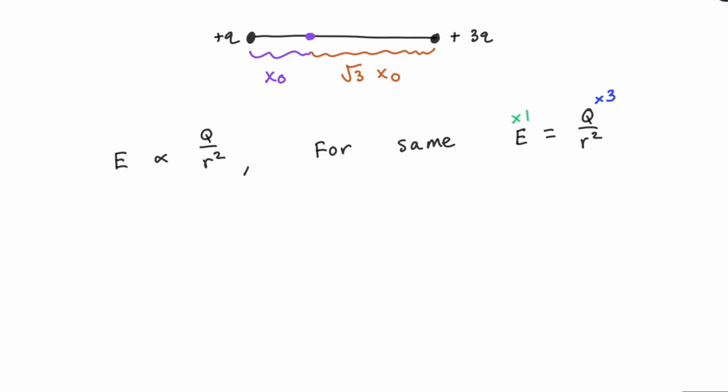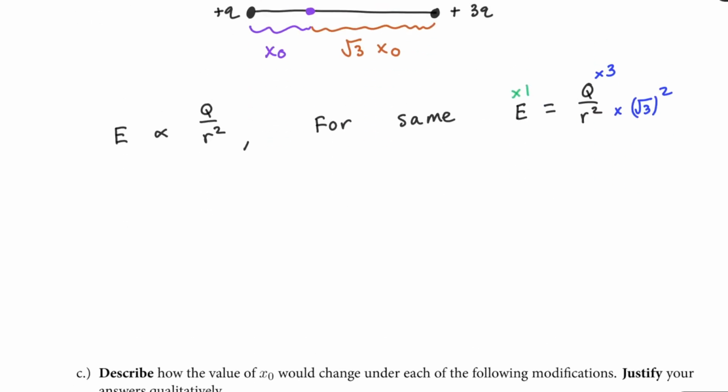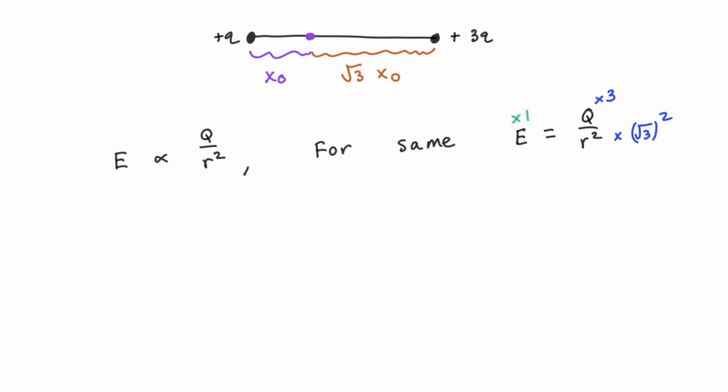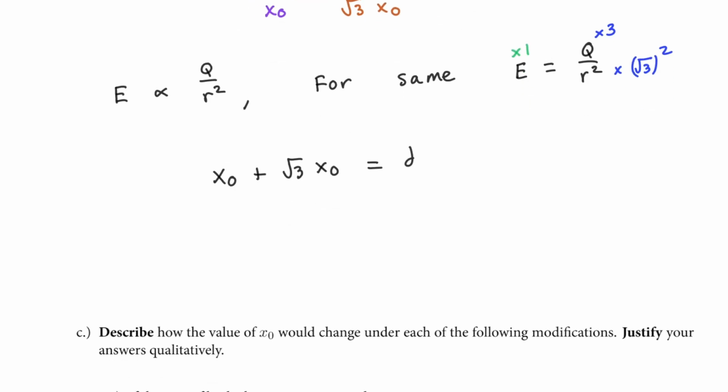So knowing that I need to end up tripling my denominator, I have to go up by root 3. That's a pretty tricky insight. But if you have that insight, we can now really quickly say that those two segments together add to d. So x0 times 1 plus root 3 equals d. Same answer.